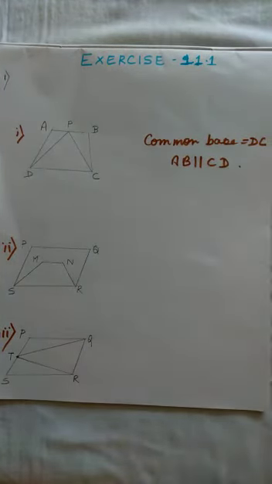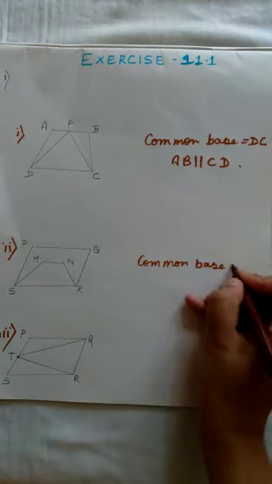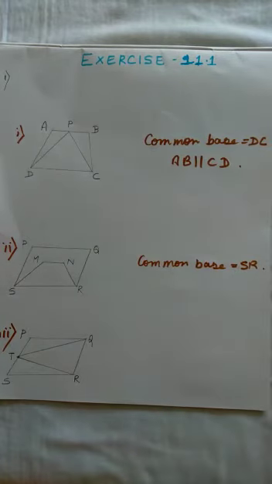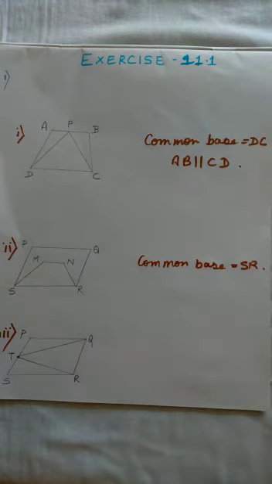Consider the second figure, in which PQRS is a parallelogram on the base SR. In the same way, SRMN is a trapezium on the base SR. Hence, both the quadrilaterals have a common base equal to SR. But in a trapezium, only one pair of opposite sides are parallel, so they are not between the same parallels; only SR is parallel to PQ.